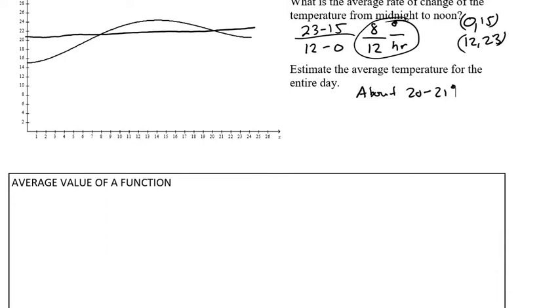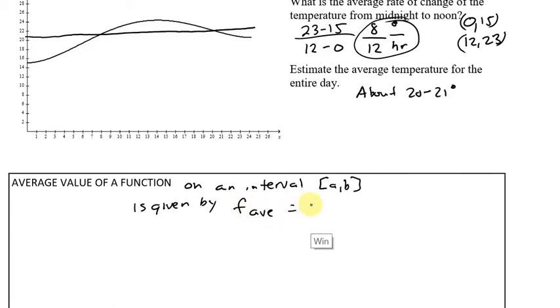So the average value of a function on an interval AB is given by f average, 1 over B minus A times the integral from A to B of f of x dx.